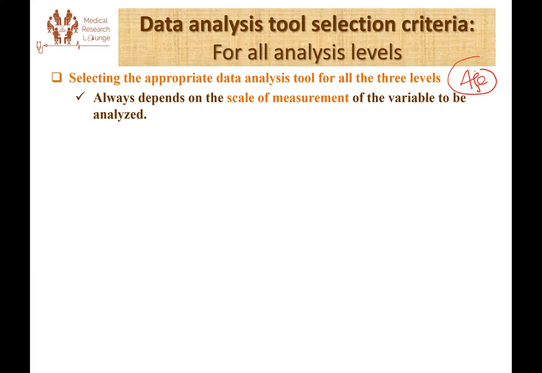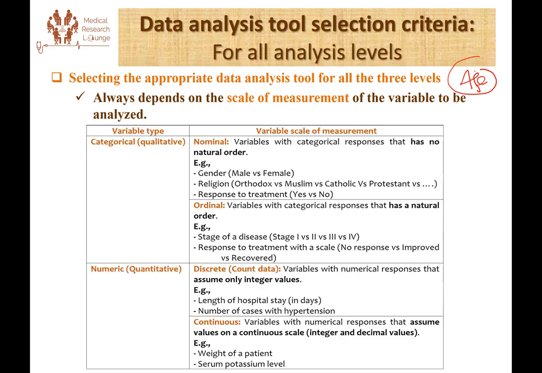So this is variable type and their scale of measurement. In general, we have two groups of variables: categorical or qualitative, and numeric or quantitative variables. The categorical variables are variables which tend to assume responses that are in categories. So based on the nature of the categories, we can have two types of categorical variables. The first one is nominal.